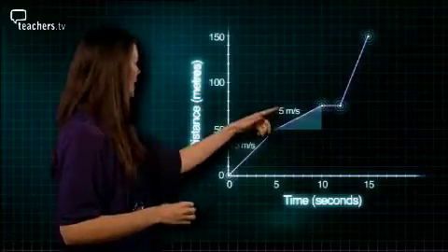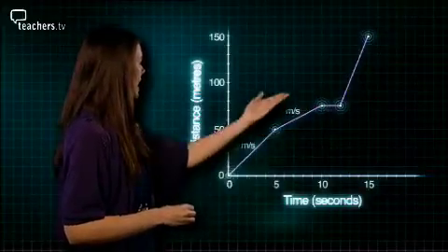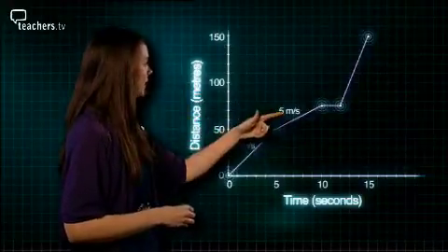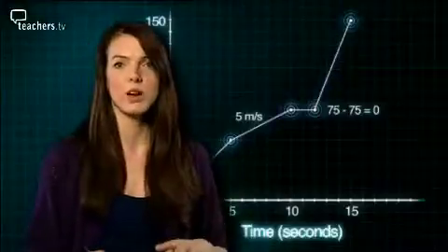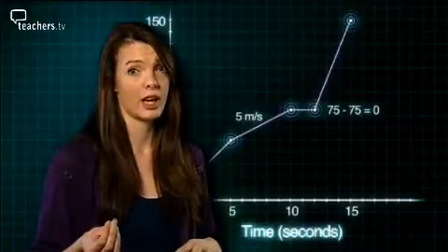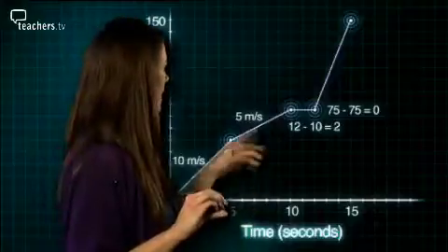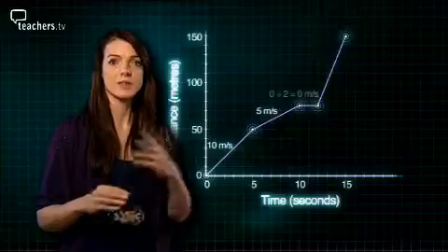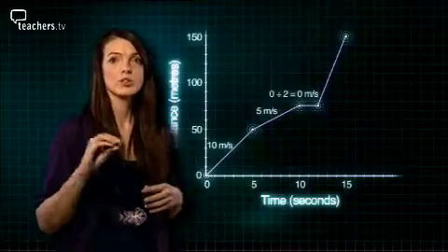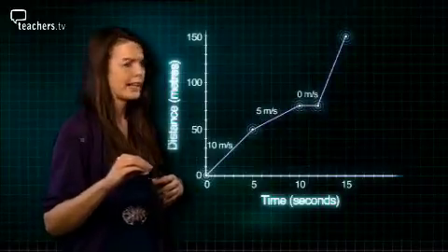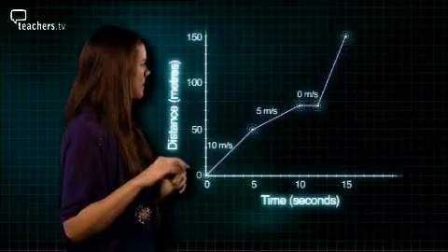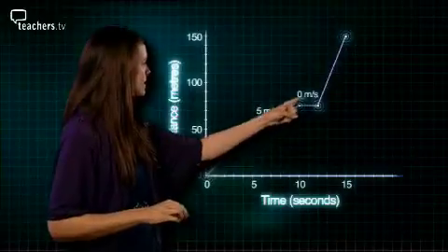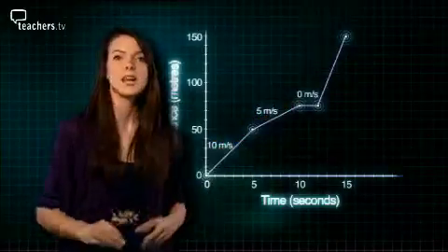Okay, the third leg starts at 10, 75 and finishes at 12, 75, which means the distance travelled is nothing. Oh dear. And the time taken is 2 seconds. So our speed is 0 divided by 2, which is 0 metres per second, and this means we're not moving anywhere. Whenever you see a flat horizontal line like this in a distance time graph, it means your speed is 0.